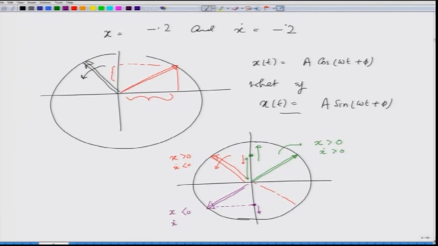So, x dot would also be less than 0, and in the fourth quadrant, which I will make with black, here x is less than 0, but x dot is greater than 0 because this point would be moving up. So, you can work that out for these conditions that I have stated.